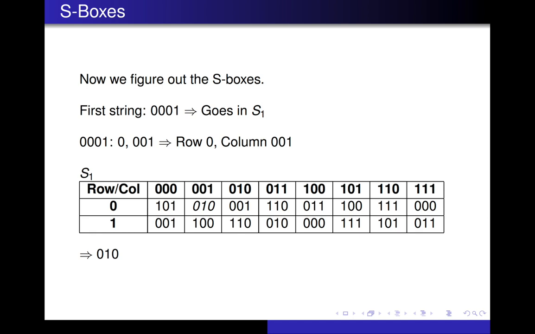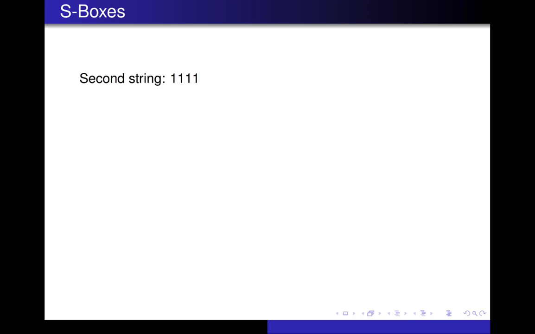Well, now we're going to do exactly the same thing with the second string and S2. So if we take our second string, 1111, that's going into S2. We're going to split that into the first one, which is the one on the left, and then 111, the last 3 digits. And so that tells us we're going to be in row 1, column 111.